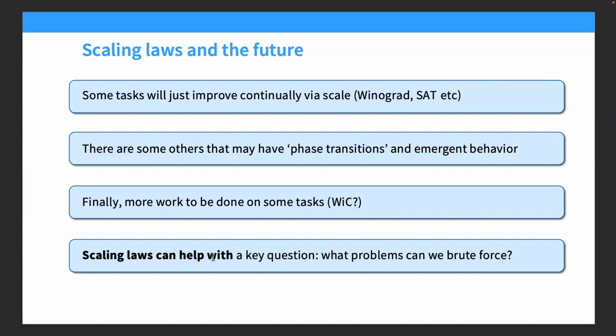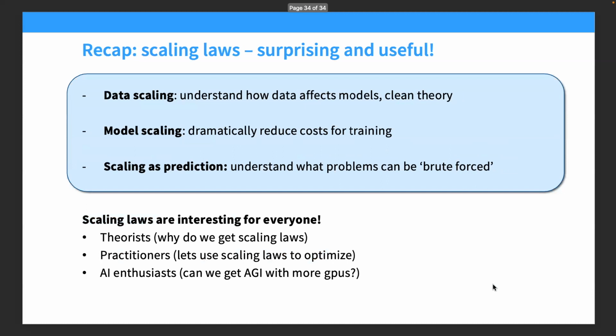So the scaling laws can help with the key question: what problems can we brute force? We know at least what problems, when we scale the model up, the performance improves, and what tasks we know that adding additional model size or computing power right now won't help. Instead, we should look for new architecture, new solutions for that specific task, or maybe a new optimization objective, for example, for that task.